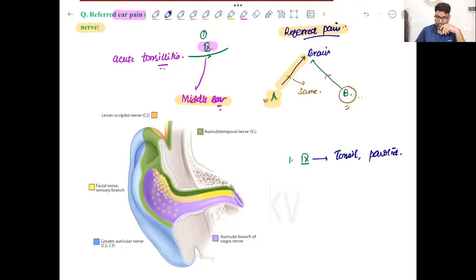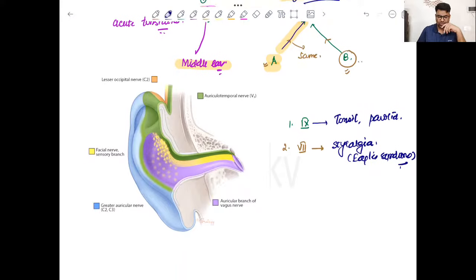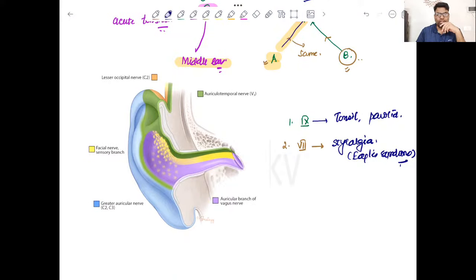The second nerve which can lead to referred pain is the 7th nerve. There is one condition known as stylalgia, that is Eagle's syndrome, where there is an elongated styloid process. This can also result in the possibility of referred pain.